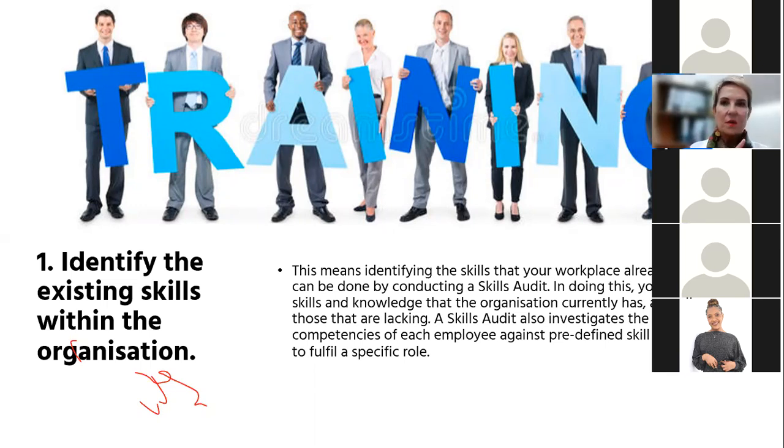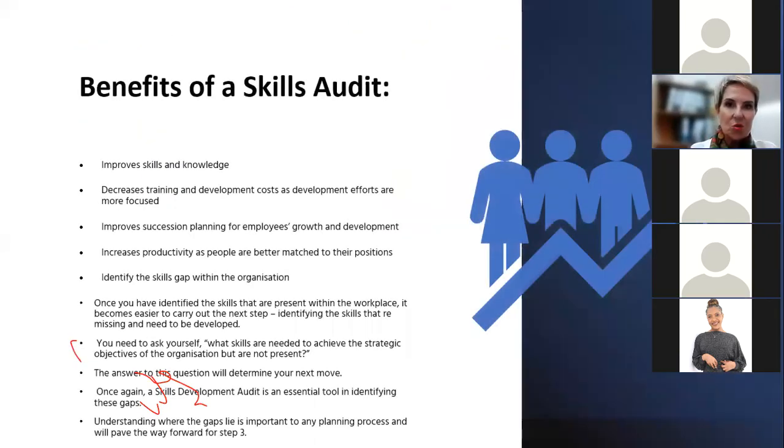Rather do it properly. Identify the existing skills within your organization. What skills do we need in every job family? What do we have currently? And what is the gap in between? This is what we call a skills audit.